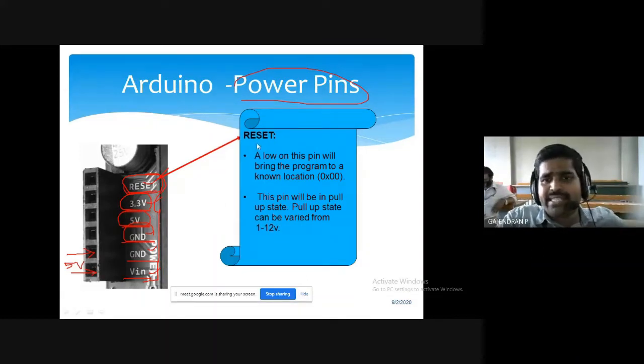What is reset? See, whenever your mobile phone hangs, the first thing, you take your mobile phone and bring it to the service person. Is it right? What will we usually do? Laptop. Fortunately, you are doing a Java project, I may assume. Your system gets hung. What will you do?